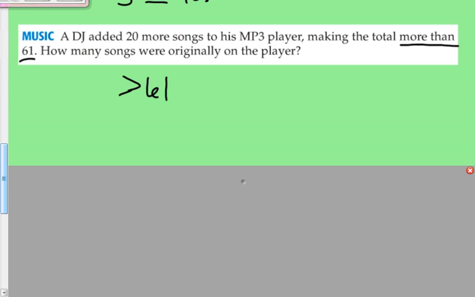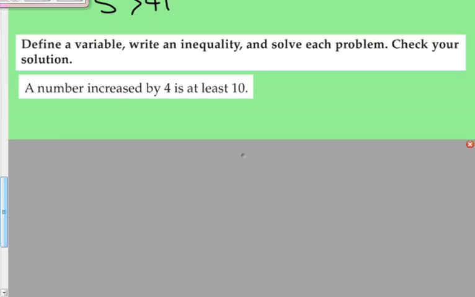And then we're going to have S for songs, and he added 20 more, so plus 20 can be more than 61. And solve it by subtracting 20, and you'd get there were more than 41 songs originally on the player. All right, let's go on.